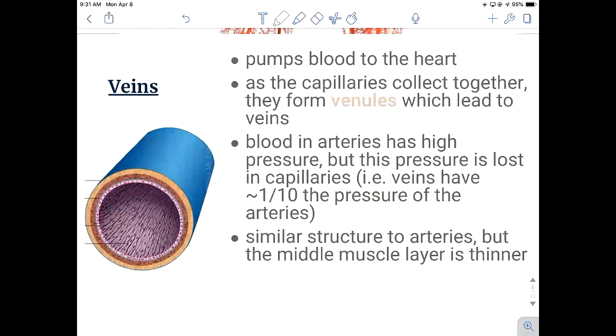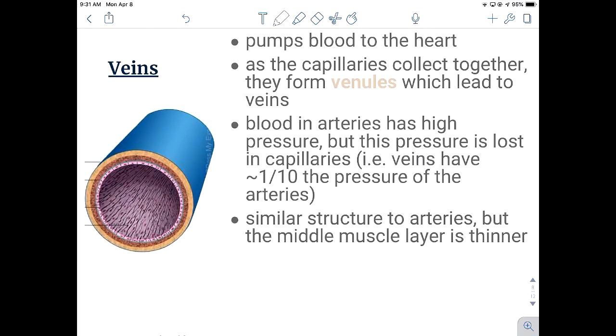Okay. So once the blood has reached the capillaries, it will start its travel back towards the heart. The capillaries are sort of the middle point, and now the blood is heading back towards the heart, and the veins are what are going to be responsible for that.